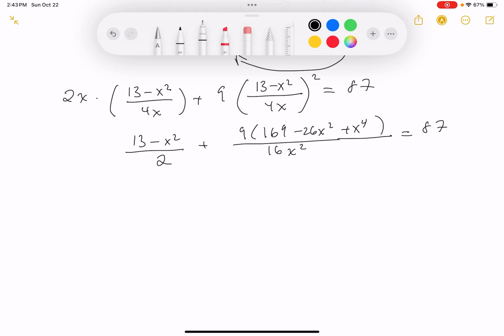I am going to multiply both sides by 16x squared. And what do you get? 8x squared times 13 minus x squared, plus 9 times 169 minus 26x squared plus x to the fourth, equals 16 times 87x squared.